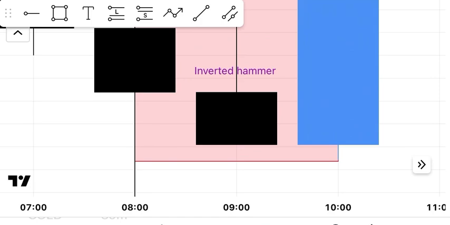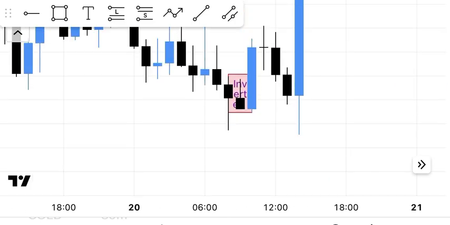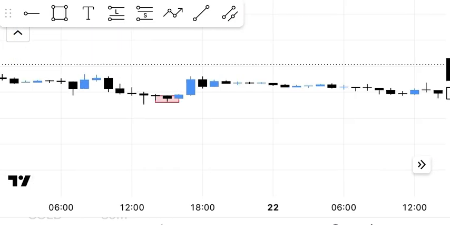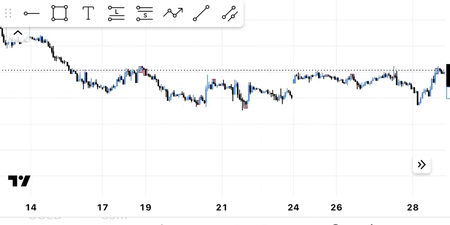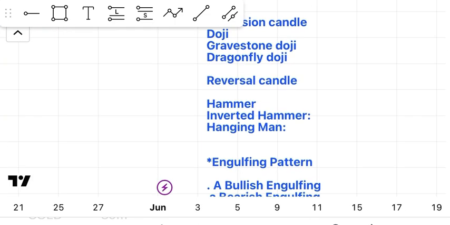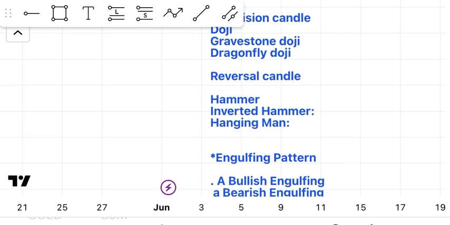Okay, so now let's talk about our next candlestick. Which one is our next candlestick on the list? We are going to be talking about the hanging man. A lot of people don't have an idea about the hanging man.